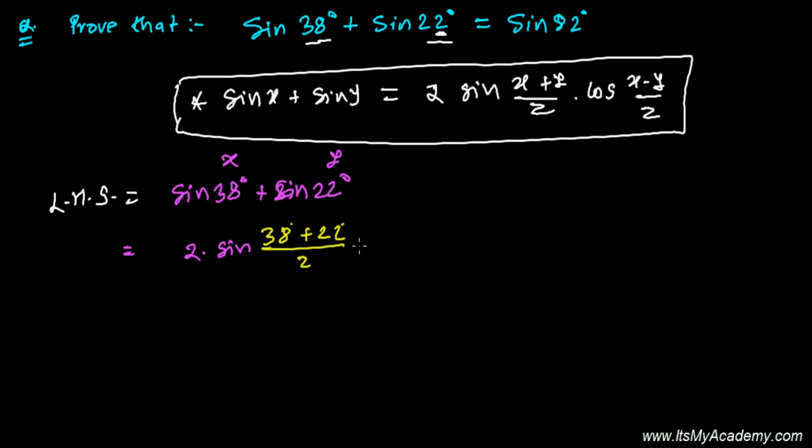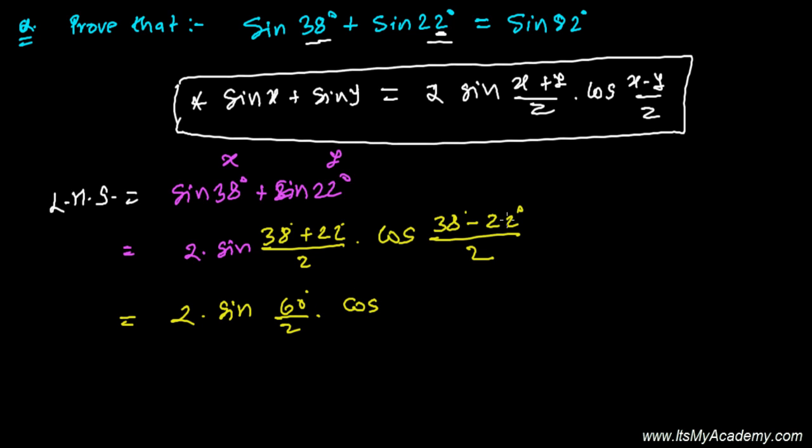These are all degrees. If I forget to write degree, please consider it a neglected error. Times cosine of (x minus y) divided by 2, that's 38 degrees minus 22 degrees divided by 2. So it's 2 times sine of 38 plus 22, which is 60 degrees, divided by 2, and cosine of 38 minus 22, which is 16, over 2. Further it's going to be 2 sine 30 degrees times cosine 8 degrees.